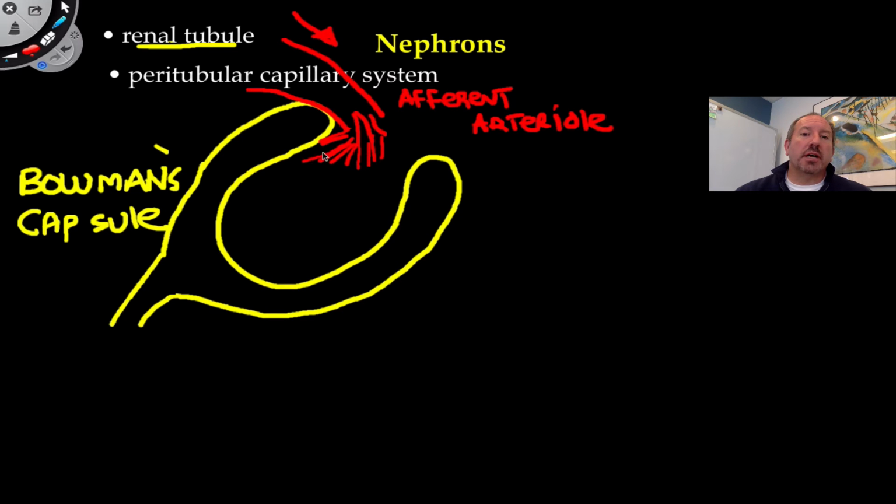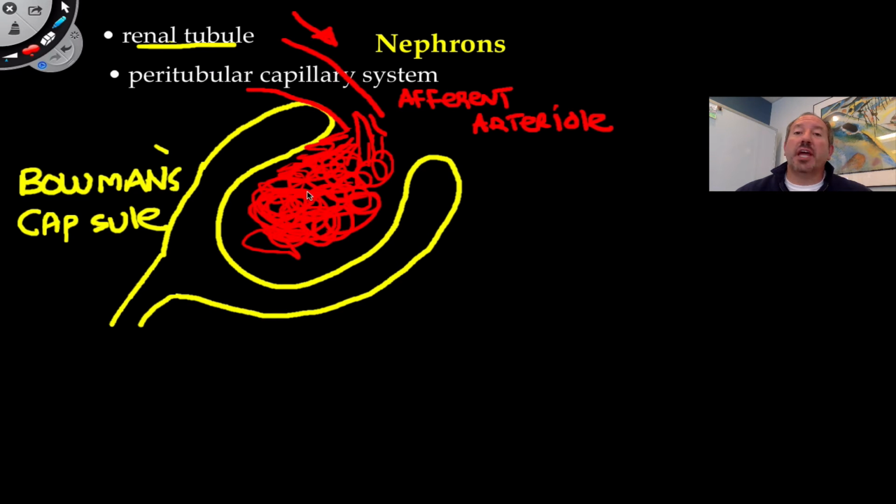Now there's all kinds of capillaries in here, so many that it actually forms like a network. It's almost like a ball-like structure, a tuft of capillaries. And you would expect that because any exchange of fluid out of the circulatory system is going to have to happen at a capillary level. And so these capillaries are called, the cool name, glomerulus.